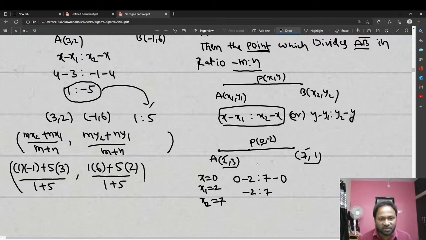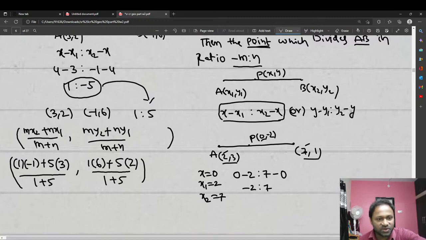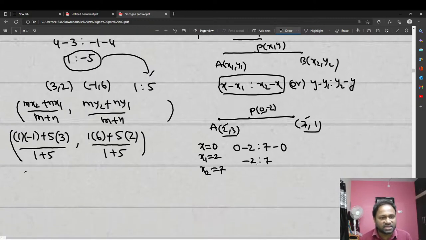Next, by simplifying this, we get 5 3s are 15, 15 minus 1, 14 by 6, and 5 2s are 10 plus 6, 16 by 6. This is 2 3s are, 2 7s are, and this is 2 3s are, 2 8s are.